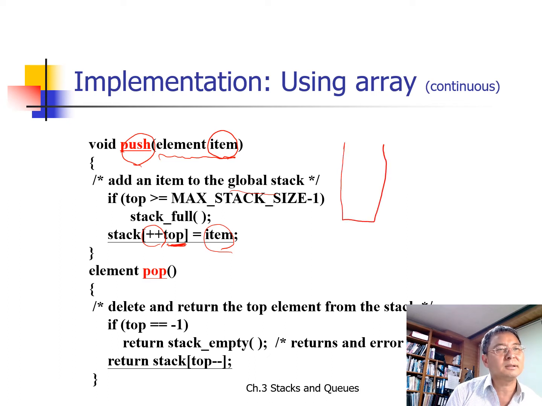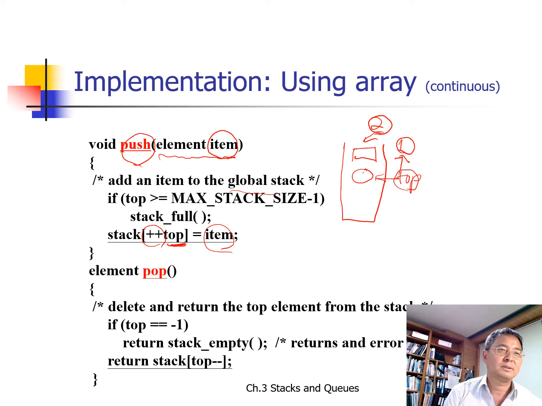Okay, so this can be like this one. So the current top is pointing here, but I want to insert a new item here. Then you must increase the top pointer first and then insert one. So this one is first and this one is second.